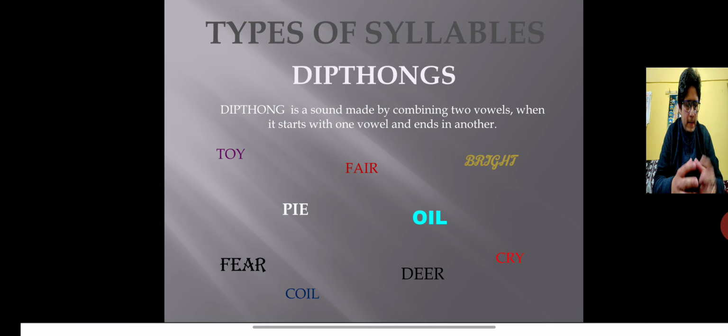Next up, we've got pie. We see IE here, but the pronunciation clearly justifies the fact that we are trying to pronounce an A first and then an I at the last. So there are two vowel sounds, first of A, that is pa, and then next is I, pie.